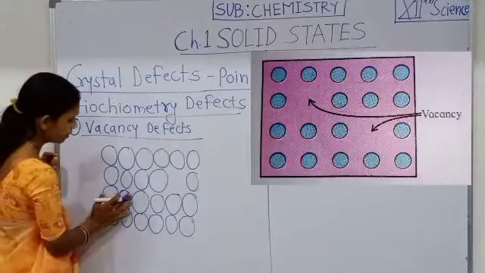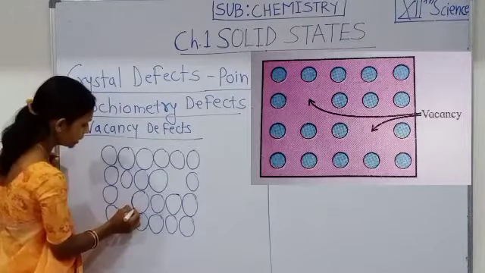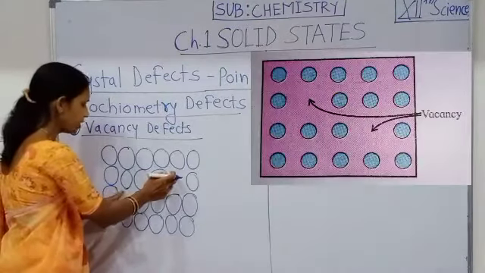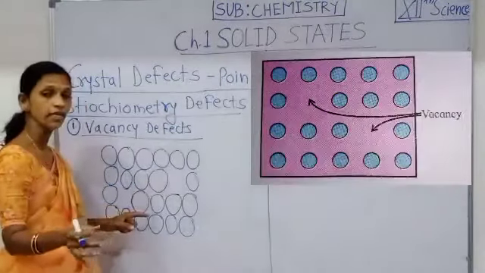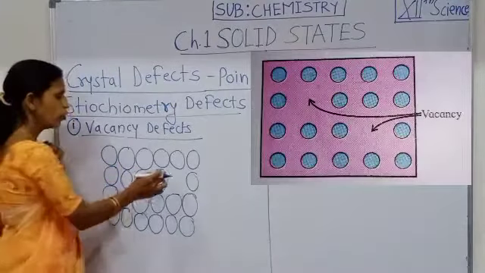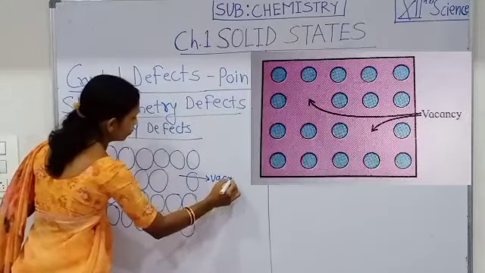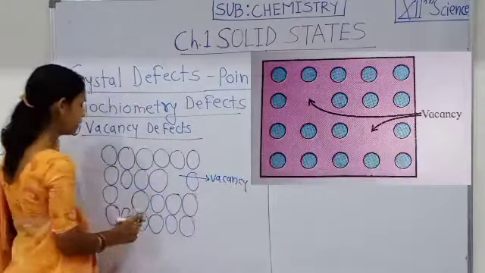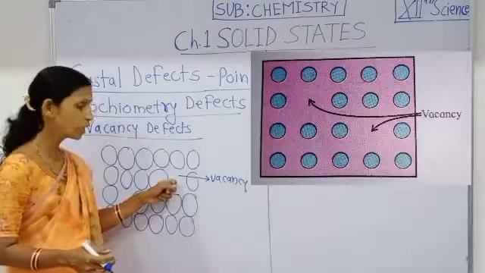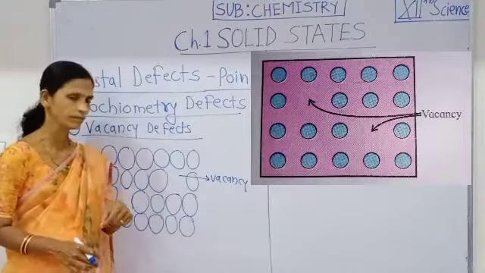If there is a loss of particles from their regular site, from their lattice point in the crystal structure, then a vacancy is created. The vacancy created due to the missing of those particles from their regular site is called a vacancy defect.